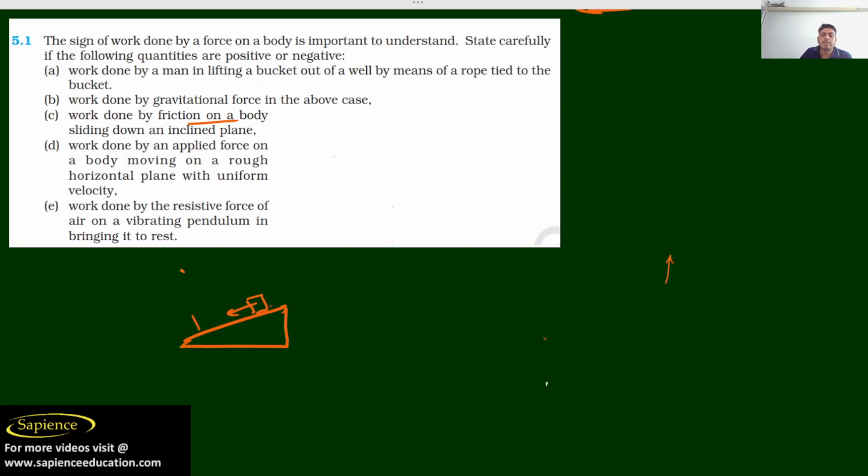As the body is moving downward, the friction force will be in the opposite direction. So displacement is in the downward direction and friction force is in the opposite direction. So theta is 180 degree.